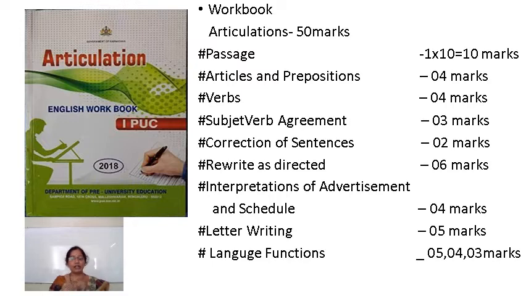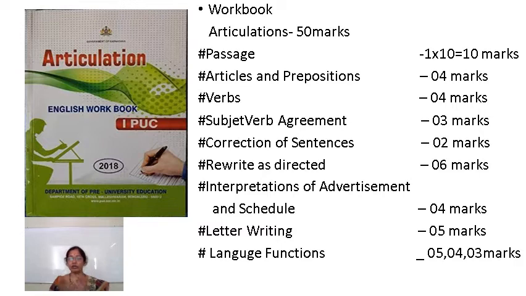But in your textbook comprehension, these questions will not be covered. So you have to keep in mind, while reading the textbook, how those articles and prepositions and verbs have been used in the sentences. You have to keep those lines in your mind very correctly.